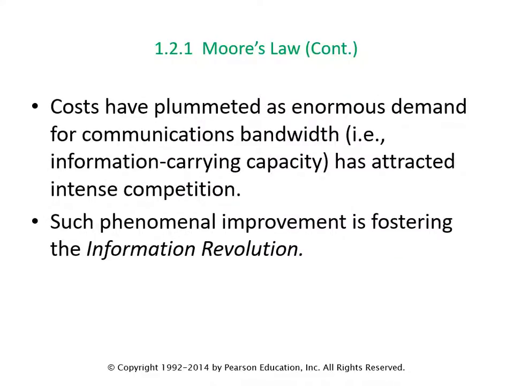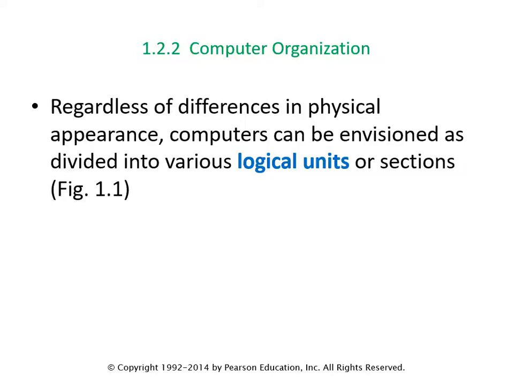Cost has plummeted. In Malaysia, I buy prepaid. I don't make many phone calls, but I buy a data plan for 30 ringgit a month. I think I get 2 gig of data for that. That's a lot of data for a cell phone.